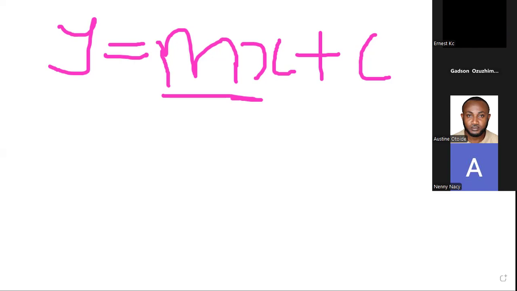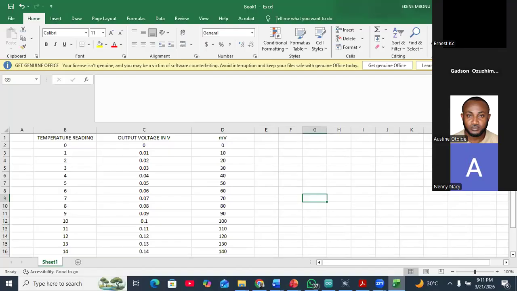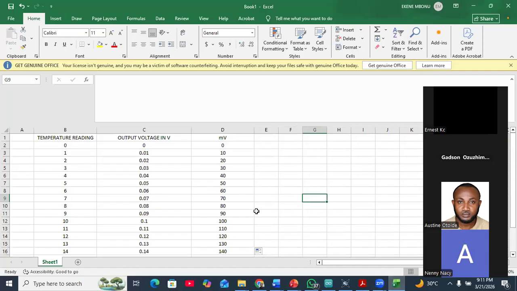I will stop sharing and share the screen at this point in time. How do we move from here, how do we get this thing into an equation?